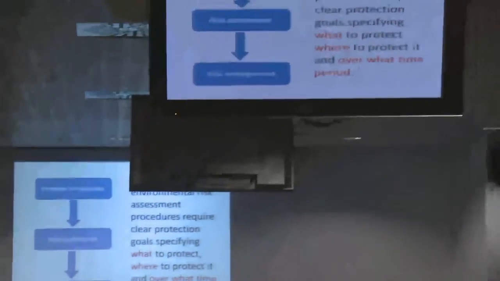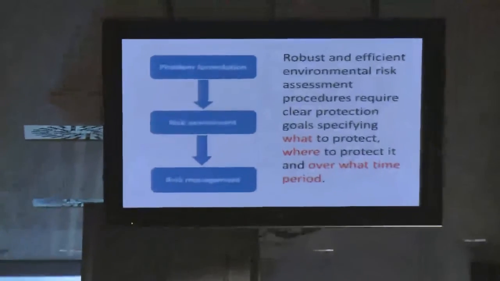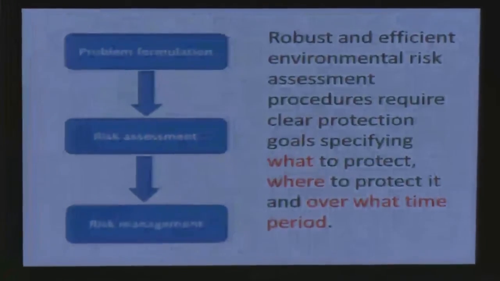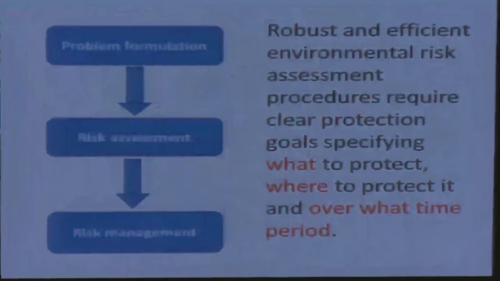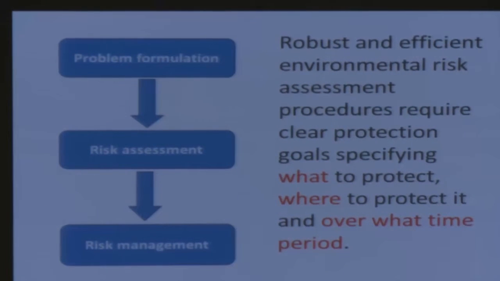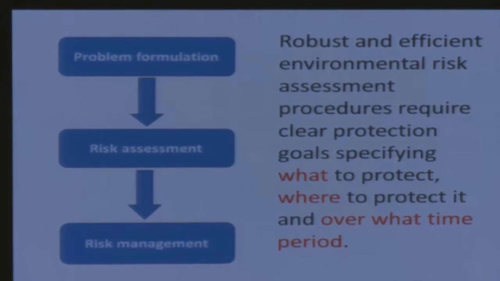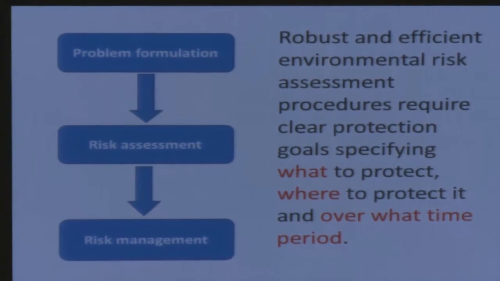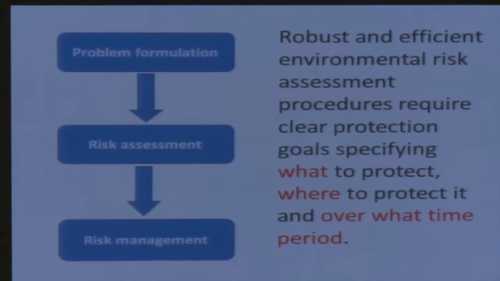And robust and efficient risk assessment is essential for effective risk management and decision making. And those protection goals need to tell us what we need to protect, where we need to protect it, and over what time we need to protect it. And those protection goals should be developed, as Alan alluded to, as part of the problem formulation stage.